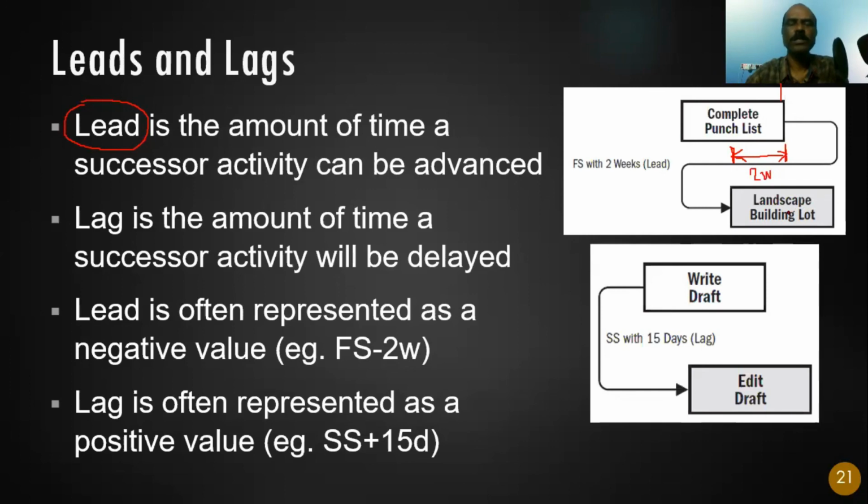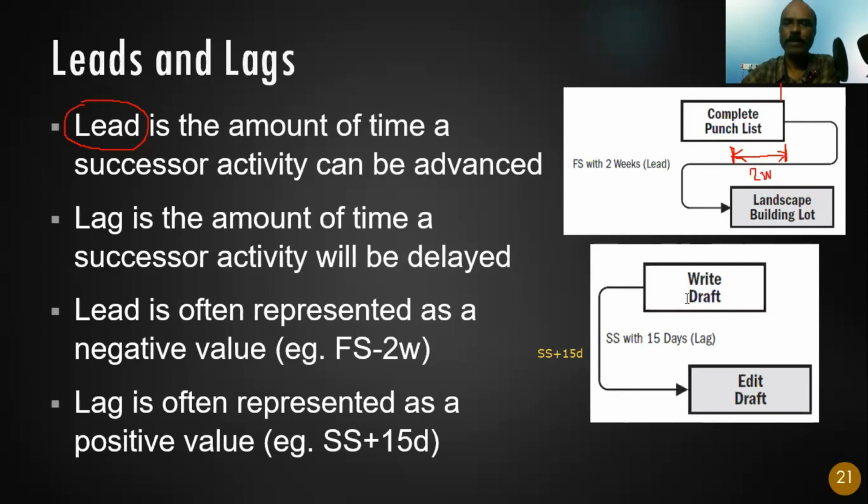So this is called lead, and this is written like this. Okay, how do you write it? You write this relationship as FS minus 2 weeks. Okay, always when we write lag, it is plus: SS plus 15 days.